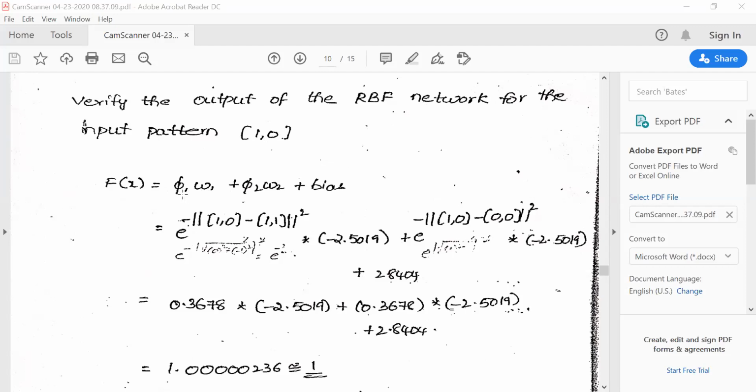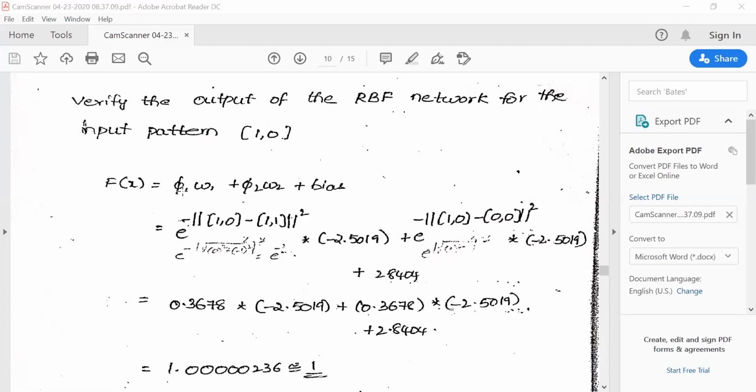F of x is going to be phi1 w1 plus phi2 w2 plus bias. So this depends on the number of hidden neurons. There are two hidden neurons. The output of the first hidden neuron is phi1. The output of the second hidden neuron is phi2. And the weights connecting the hidden layer and output layer are w1 and w2. And we considered some bias also.